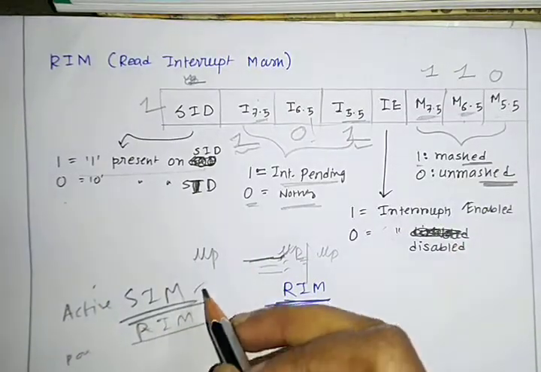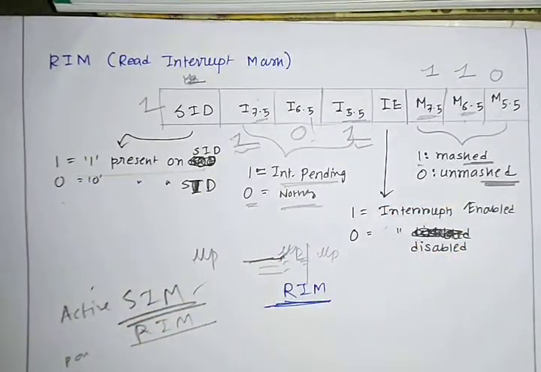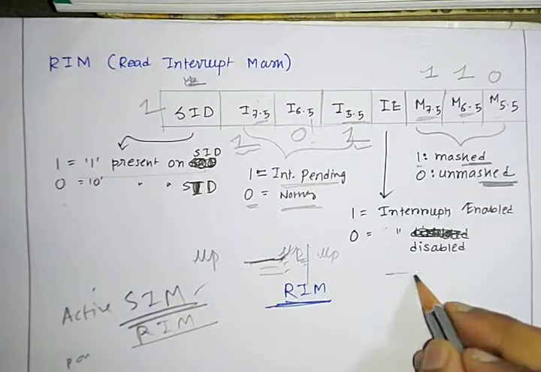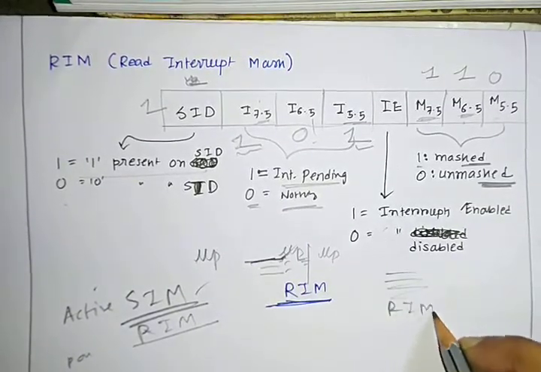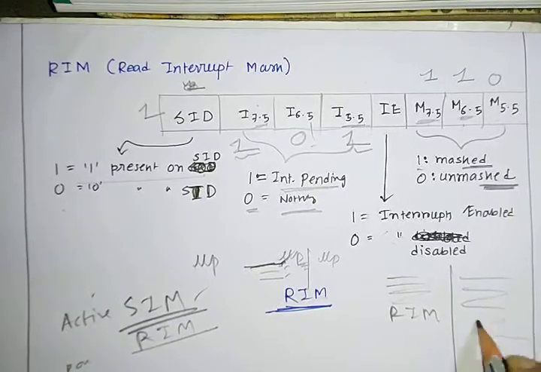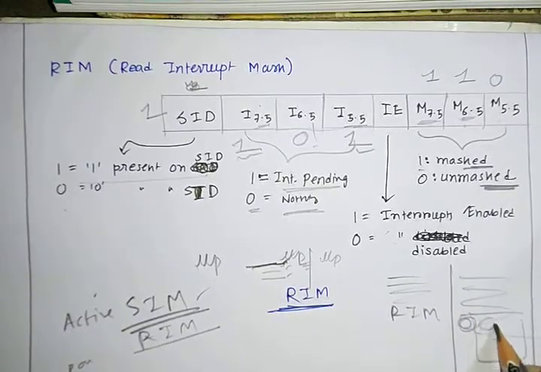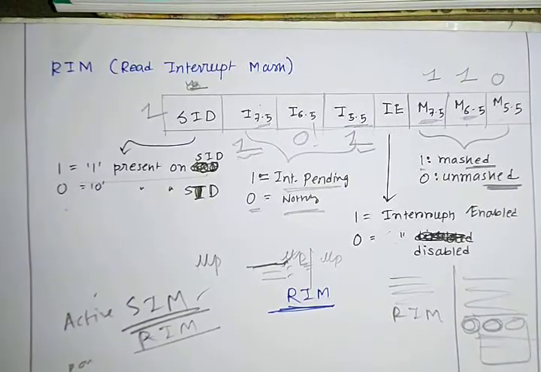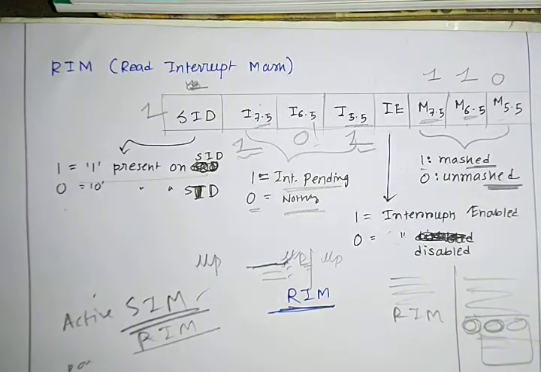So using SIM we affect the MPU, and using RIM we don't affect the MPU. If you write RIM, in your simulator window you will see all the data being shown.